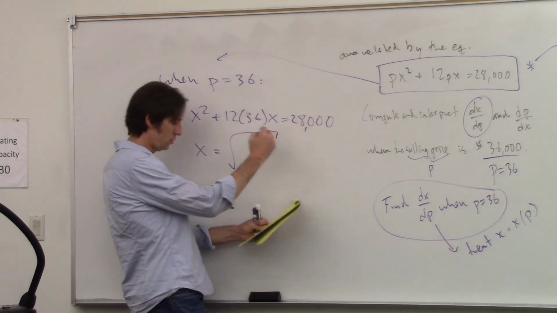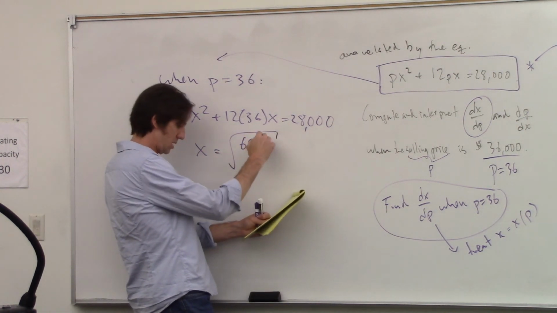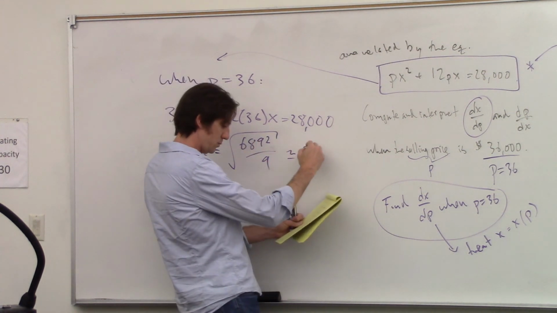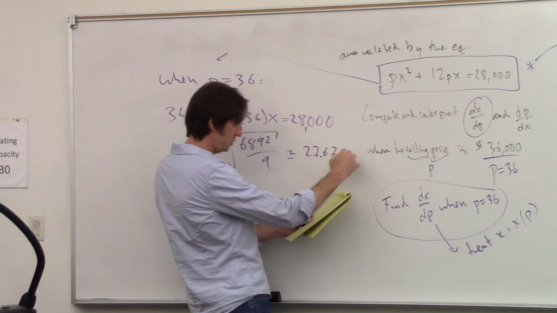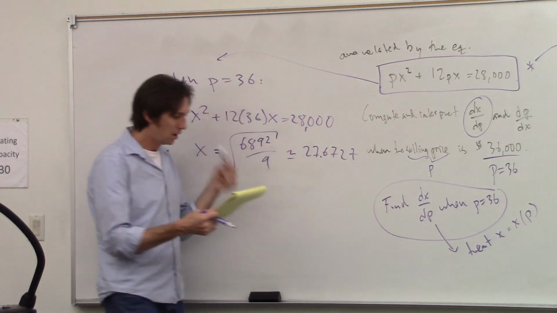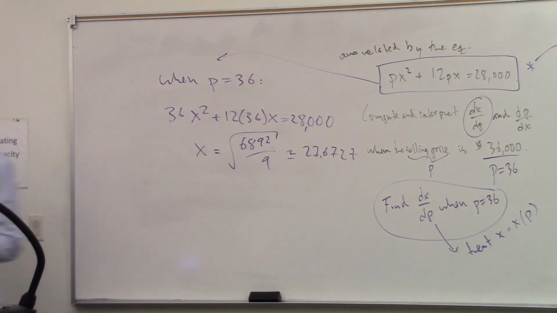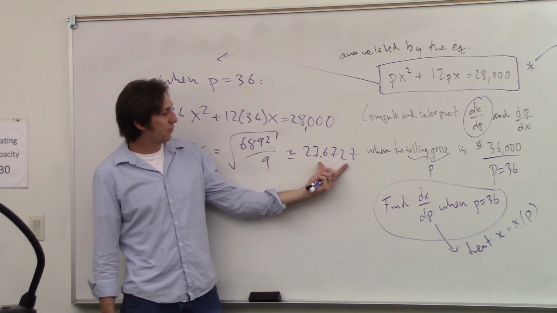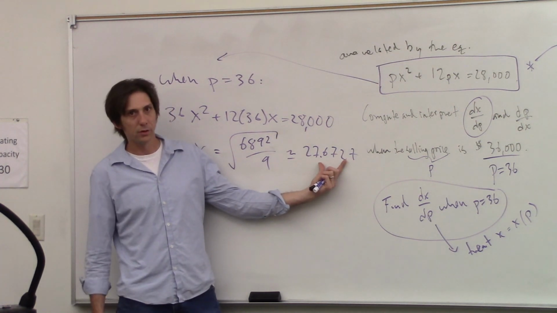So we get the square root of 6892 over 9, if I did that correctly, which is about 27.6727. What is x? I forget. X is the number of cars measured in thousands. So this is like 22,672 cars, approximately.